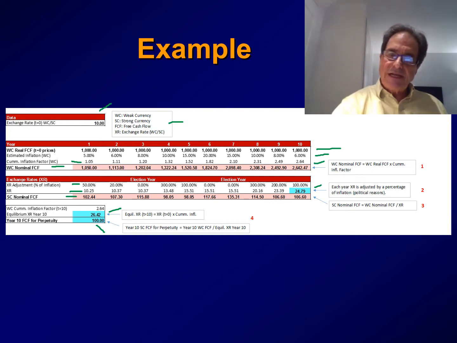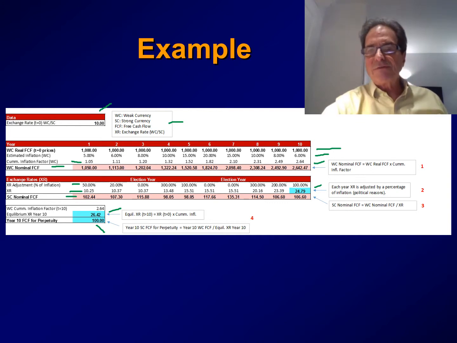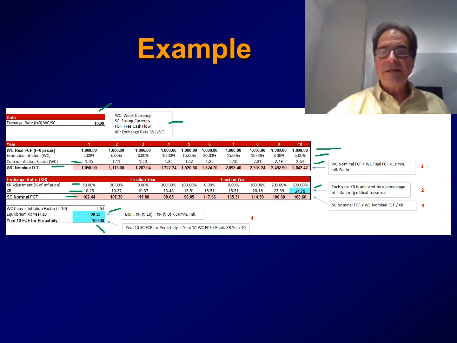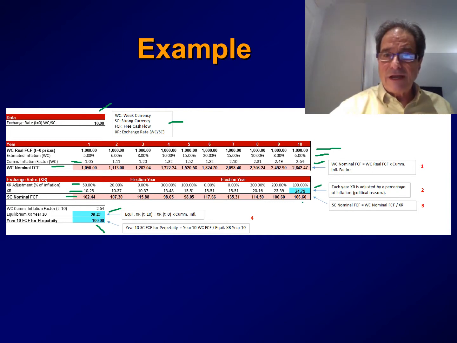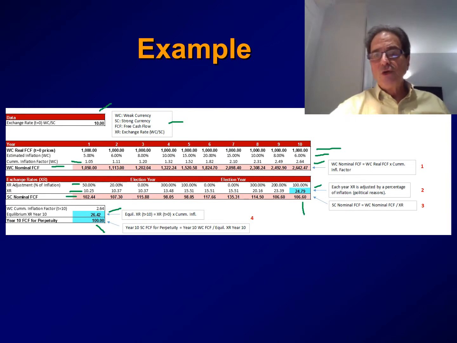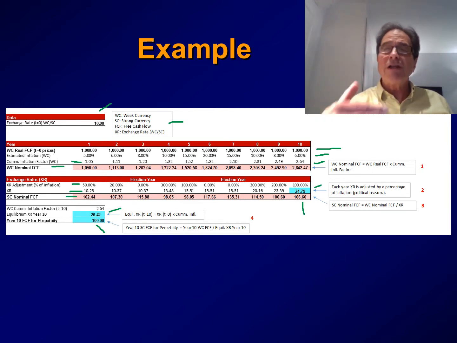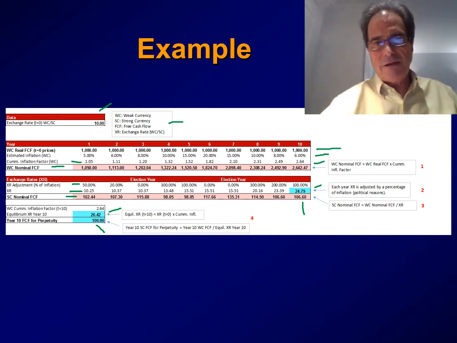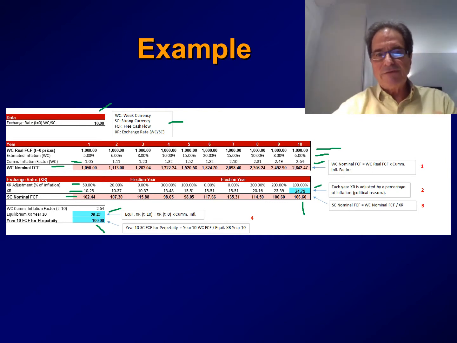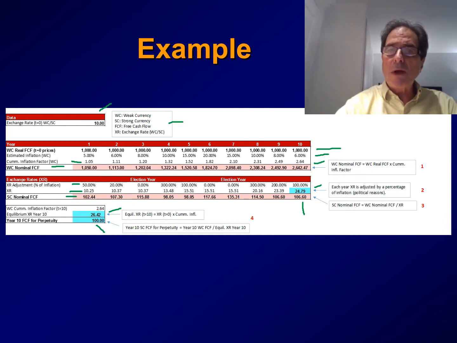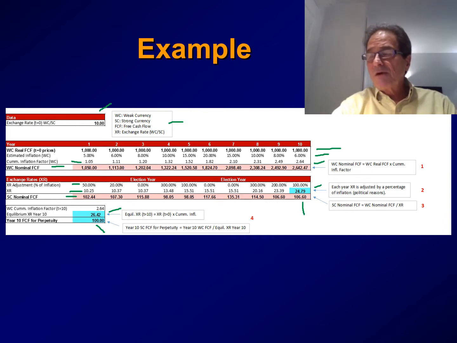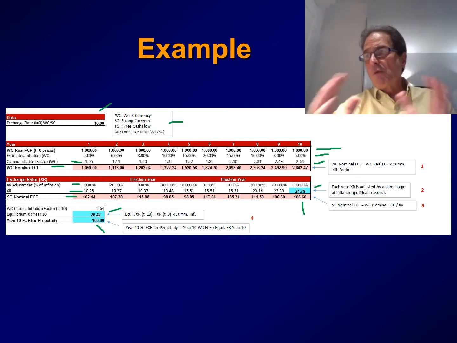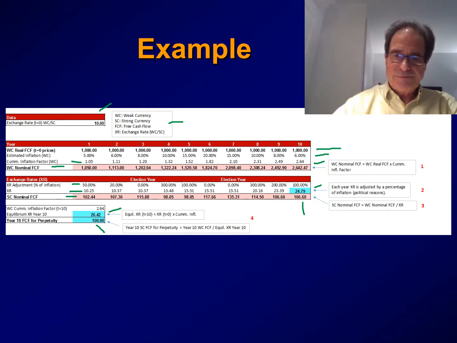So we see that there is some difference between this cash flow, the equilibrium cash flow for the perpetuity, and the cash flow that we obtain using the non-inflation adjusted exchange rate. So there is a difference. 100 is the equilibrium one, and 106.60 is the one that is not in equilibrium.